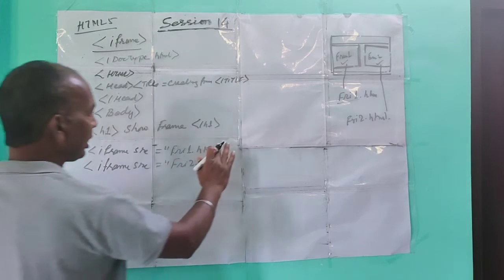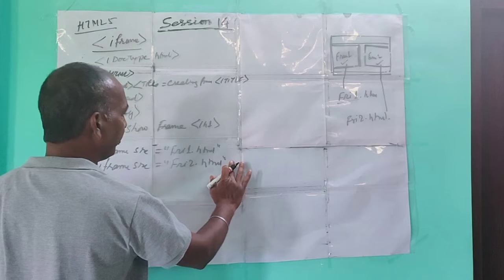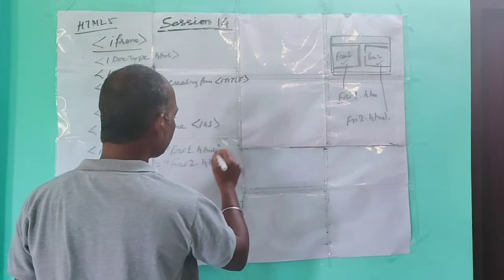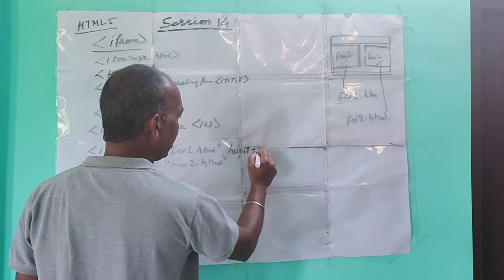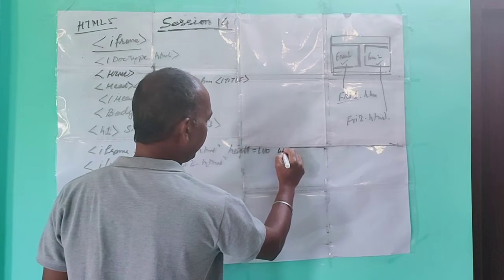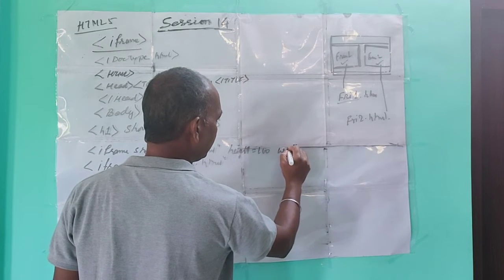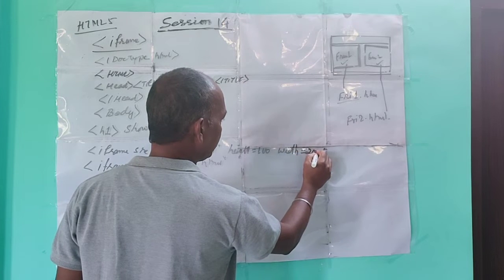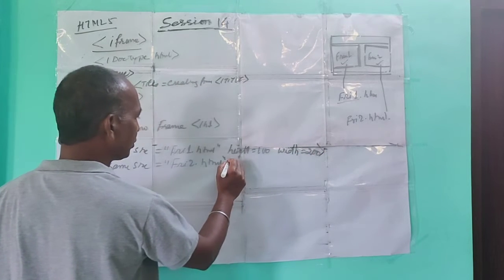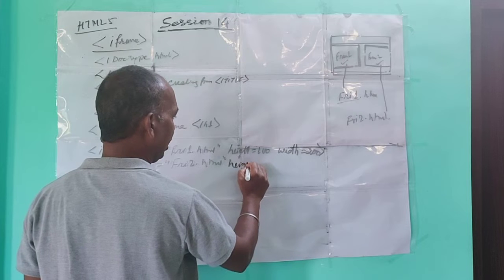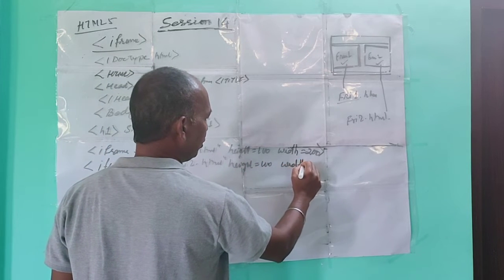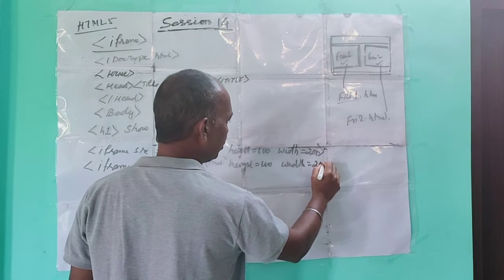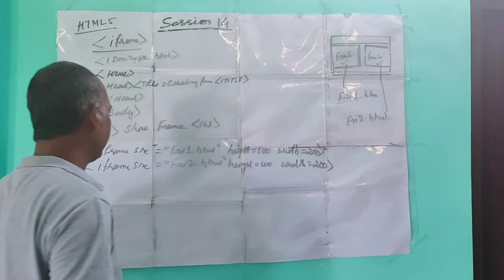Here you can give the height and width of the frame. So height equals 100, width equals 200. Similarly here also height equals 100, width equals 200.